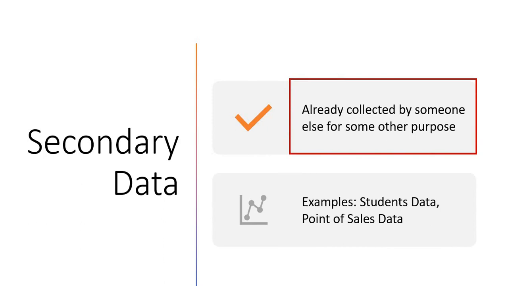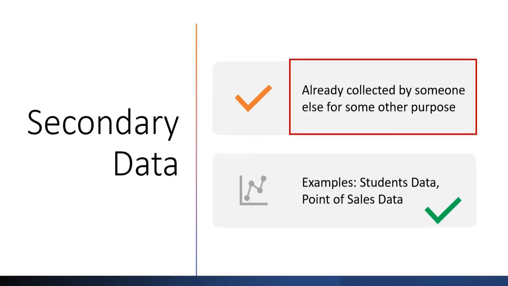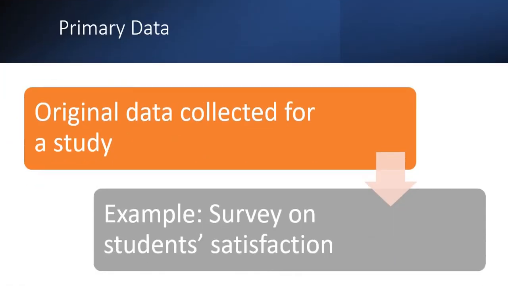For example, this type of student data or point of sales data, which is generated when customers check out at the counter. However, we do not always have secondary data for everything, and sometimes we need to collect our own data for the study or for whatever purpose we need it.